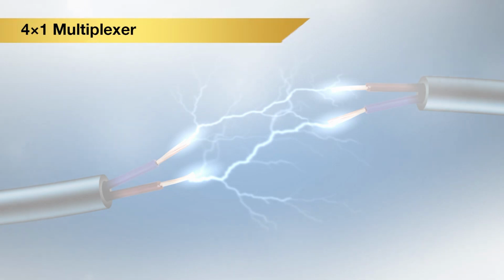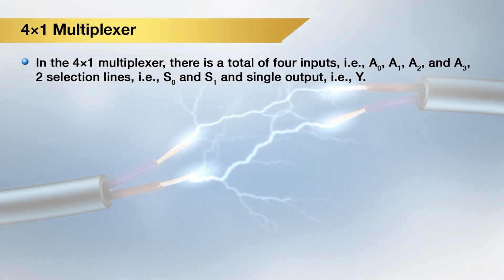So, let us continue our discussion for 4:1 multiplexer. In the 4:1 multiplexer, there are a total of 4 inputs, that is A0, A1, A2 and A3, and 2 selection lines, that's S0 and S1.